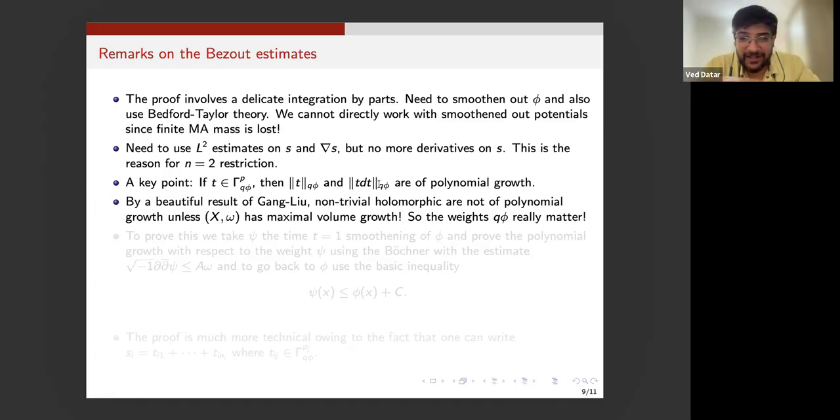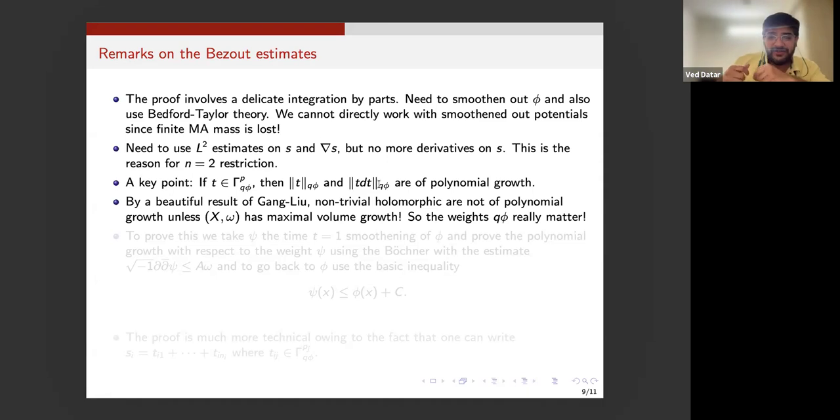Okay, so that means these weights Q phi really do matter, because without the weights, one wouldn't actually get polynomial growth sections or polynomial growth holomorphic functions, unless one is working with a maximal volume growth surface. And under maximal volume growth, as Harish has already mentioned, Yau's conjecture is already known, right?